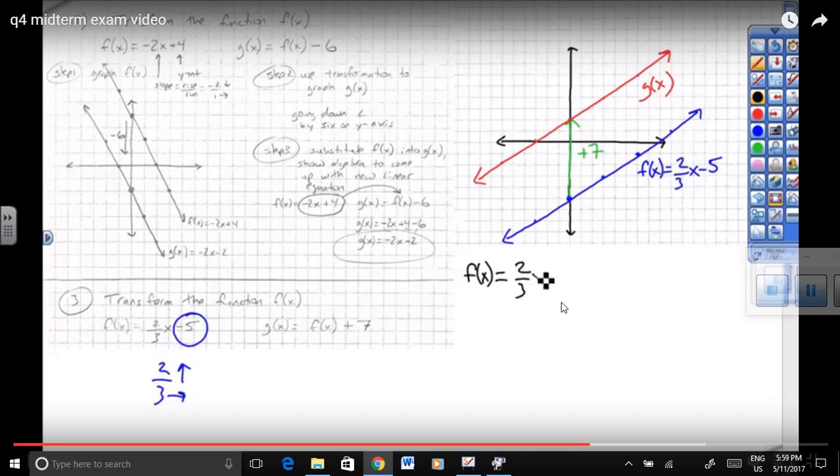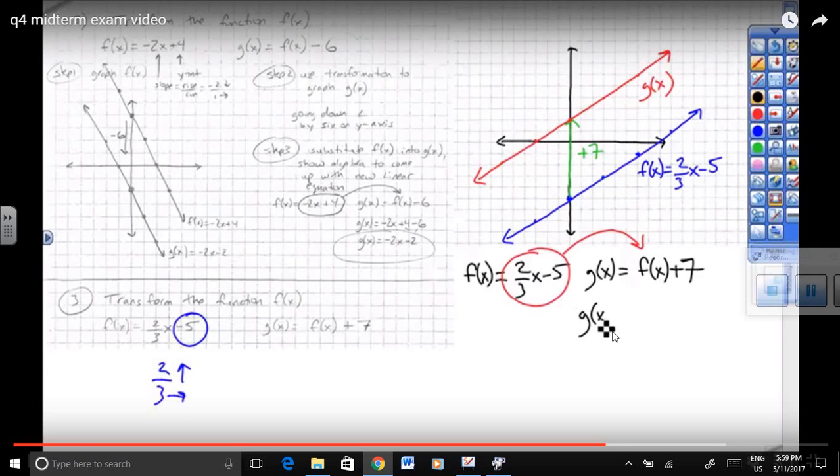So 2/3x minus 5. g of x is f of x plus 7. So I'm going to take that 2/3 x minus 5 and substitute it right into the other equation, f of x. Where that f of x is, I'm going to replace it with 2/3 x minus 5.